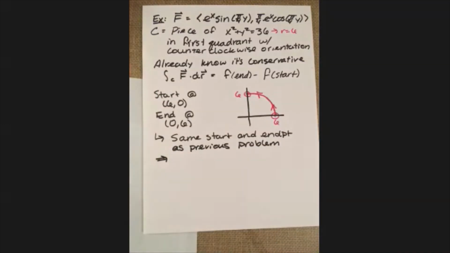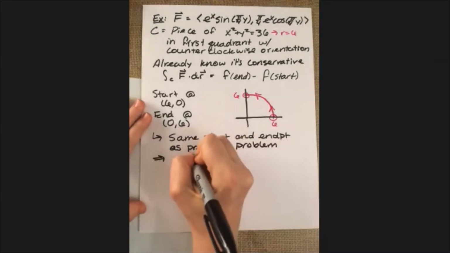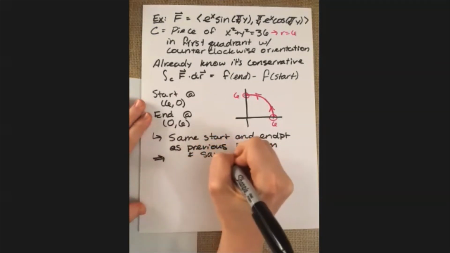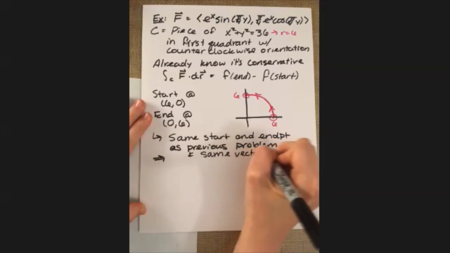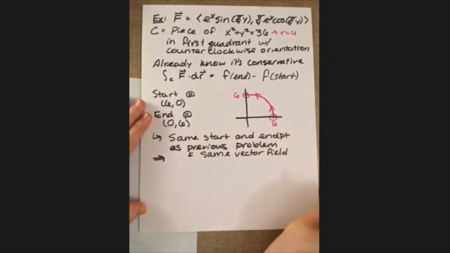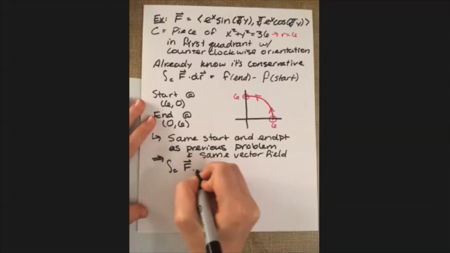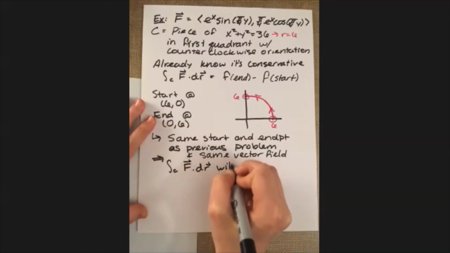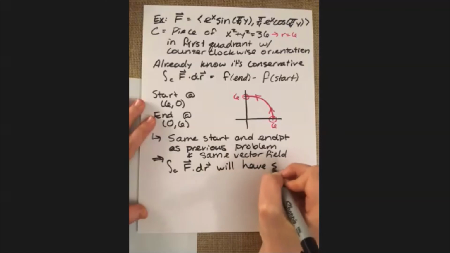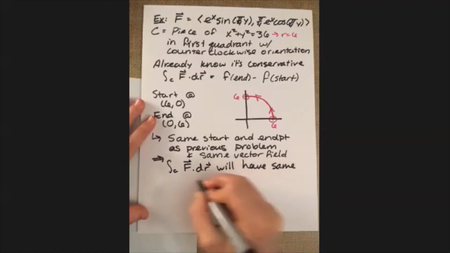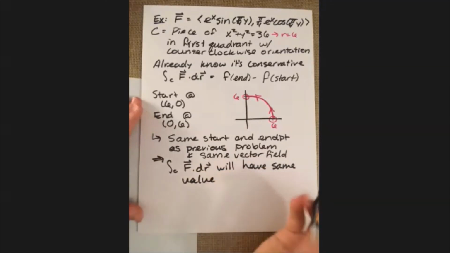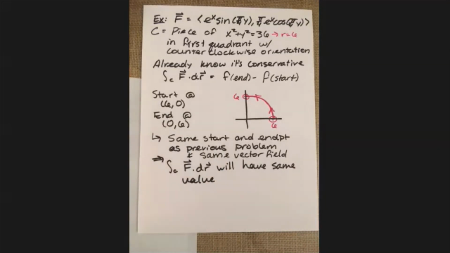So since we have the same start point and same end point and the same vector field, so I should specify that, same vector field, well, then the integral is going to be the same. And this is because when we're working with conservative vector fields, we only care about where they start and where they stop.